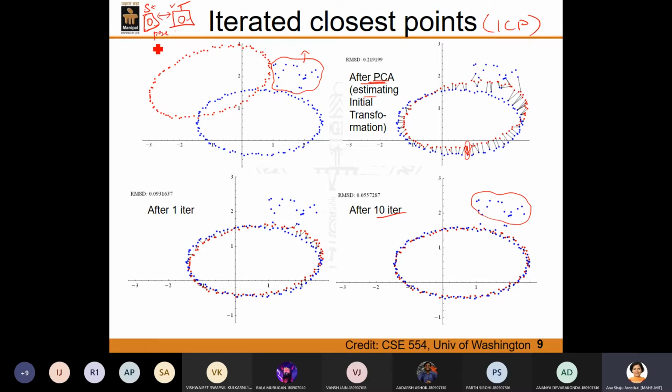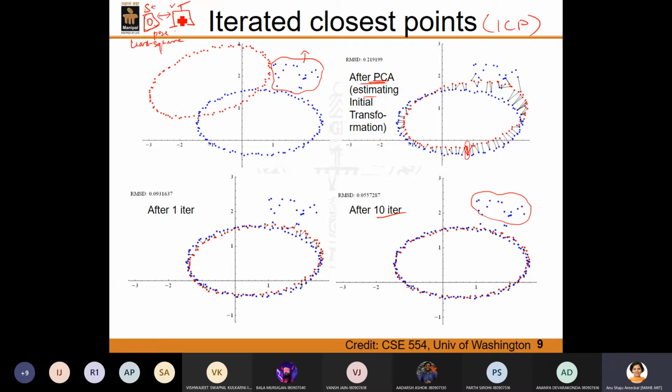And what we've learned is that once you estimate an initial transformation, you use least squares. It is formulated as a least square minimization problem.